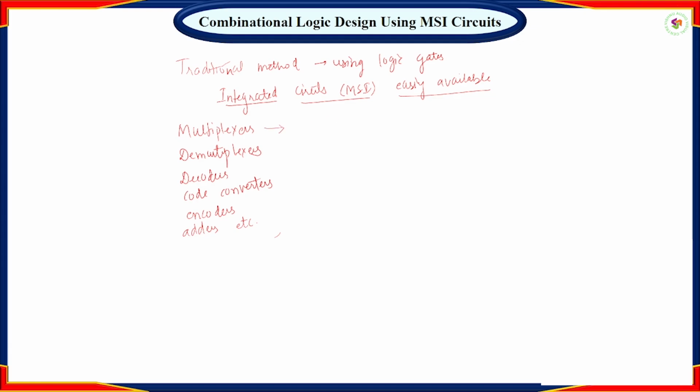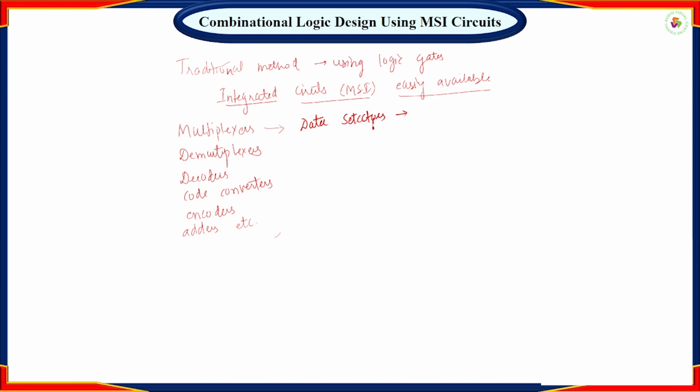One of the important combinational circuits is the multiplexer. Multiplexers are also called data selectors. This is a special combinational circuit which is most widely used.